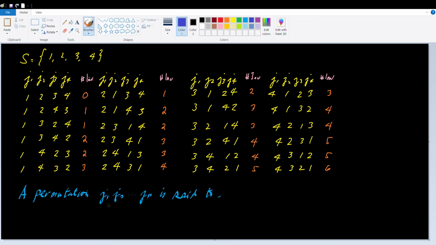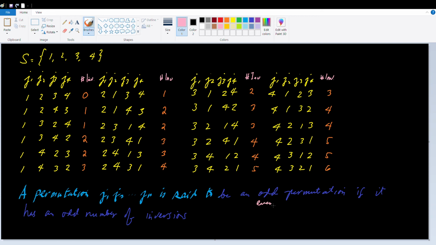A permutation J1, J2 up to Jn is said to be an odd permutation if it has an odd number of inversions.